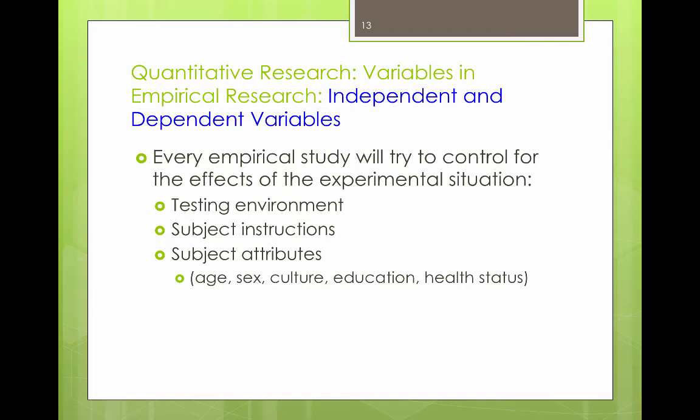Every empirical experimental study will try to control for the effects of the testing environment, so all subjects will be in the same testing environment, all subjects will receive the same instructions, and certain subject attributes may be controlled for. It is impossible to control for all extraneous variables.